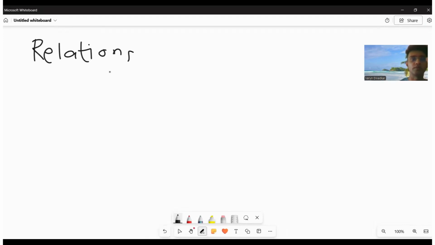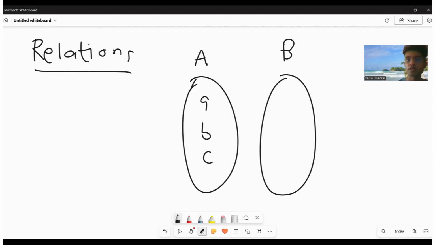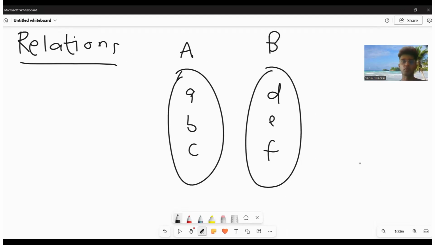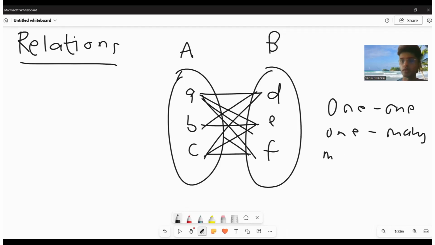We know that a relation is basically a mapping between, say, A and B. So if A has a, b, c, and B has d, e, f, a relation, and this is an additional concept which we might not have discussed in the last video, can be one to one, or one to many, or many to one, or many to many.